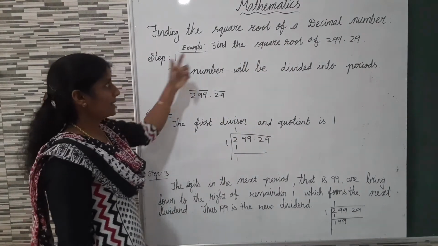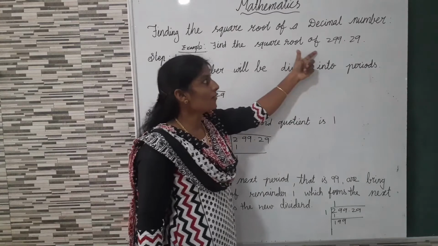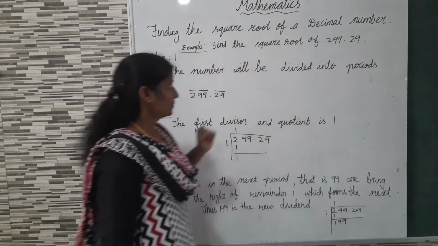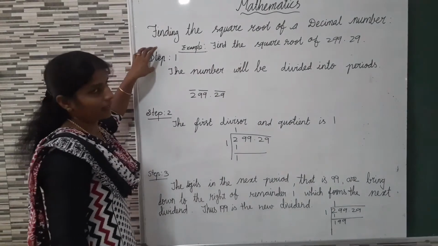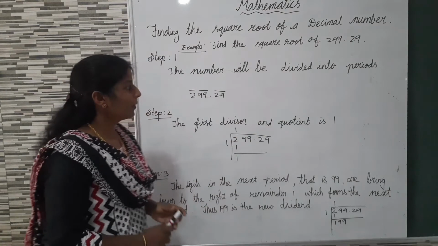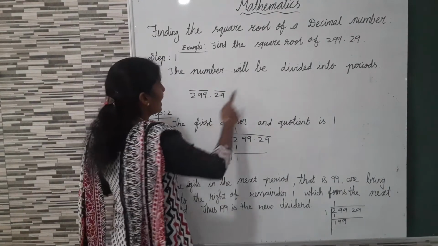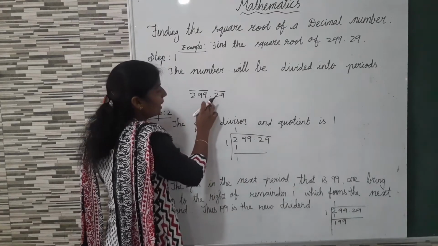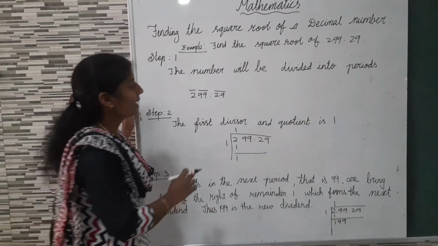One example. Find the square root of 299.29. Step 1: the number will be divided into periods. Here the number is 299.29.